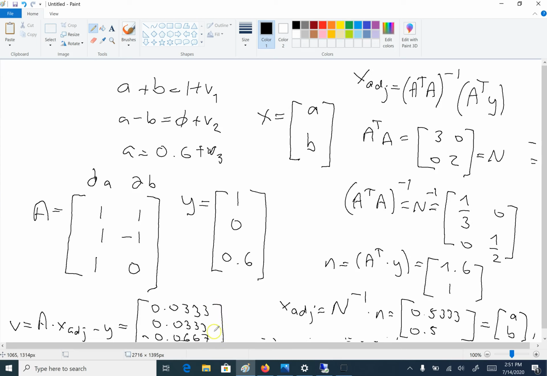The residuals are small, that's what we're looking for. And the sums of the squares of the residuals, which is V transpose times V, should be even smaller. And that's going to be 0.0067. So it looks like we're on the right path.